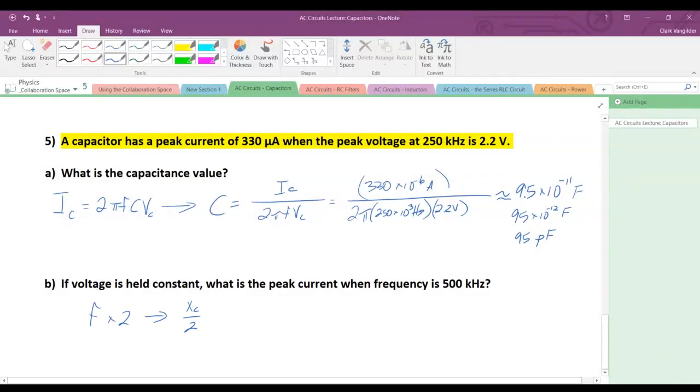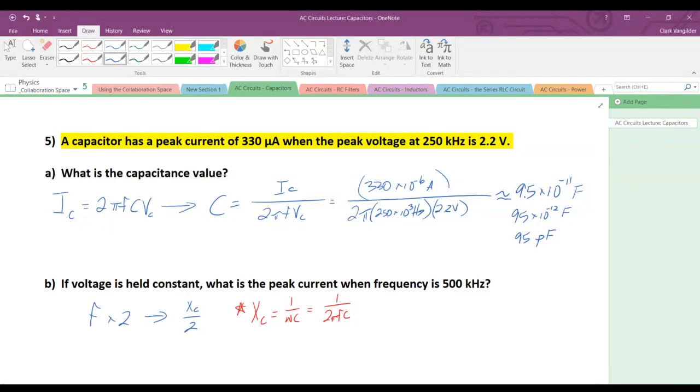If you think back to the formula we did, I think the very first one, XC is 1 over omega C, which is 1 over 2 pi FC, then you're going to be cutting everything in half.